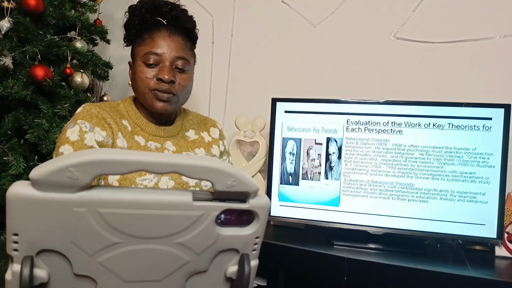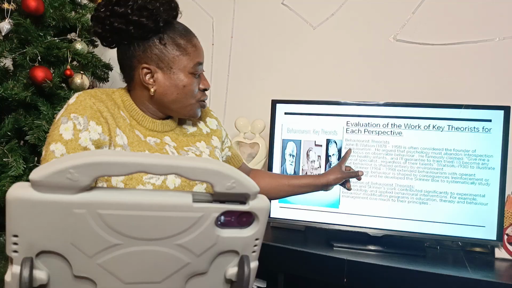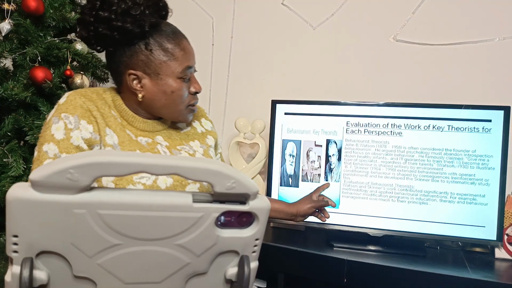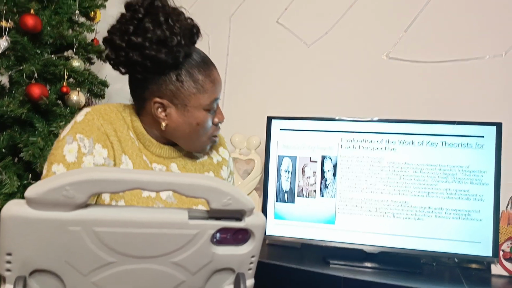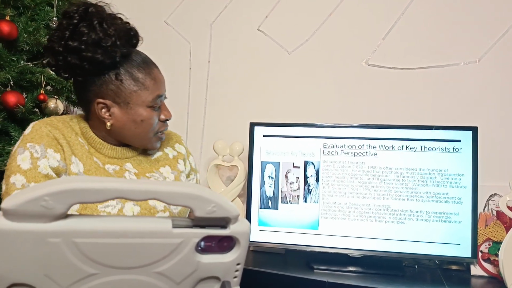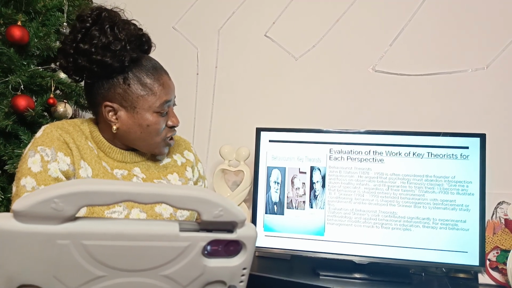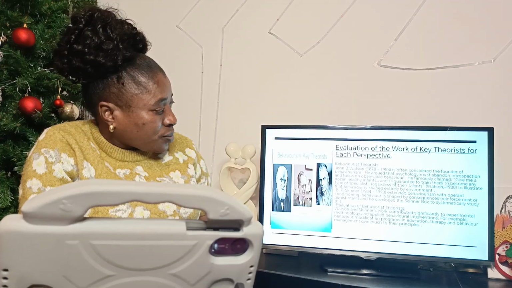Evaluation of the work of key theorists for each perspective. John B. Watson, 1878 to 1958, is often considered the founder of behaviorism. He argued that psychology must abandon introspection and focus on observable behavior.